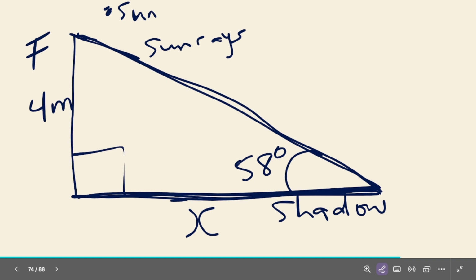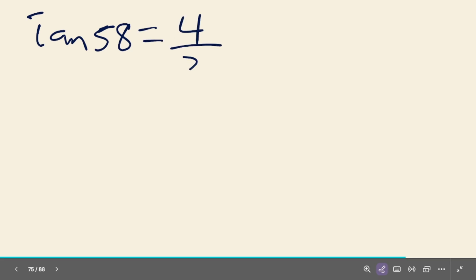So this is how the diagram is going to look like. Now, to identify the sides, here is your hypotenuse, here is your adjacent, here is opposite. Since we are looking for adjacent, we have opposite, we have our angle. Again, we are using tan. So you come over here, tan 58 is equal to opposite, which is 4, over adjacent, which is not known.